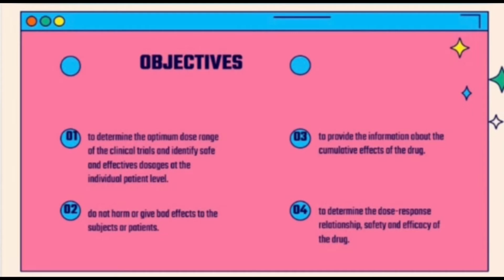The next objective is to ensure that the drug given is not harmful and does not give any bad effects to the patients or individuals. The third objective is to provide information on the cumulative effects of the drugs. And the last objective is to determine the dose ranging relationship, safety, and efficacy of the drug.